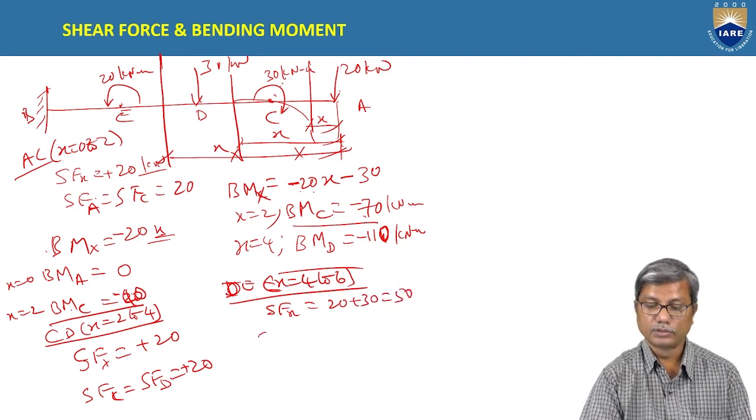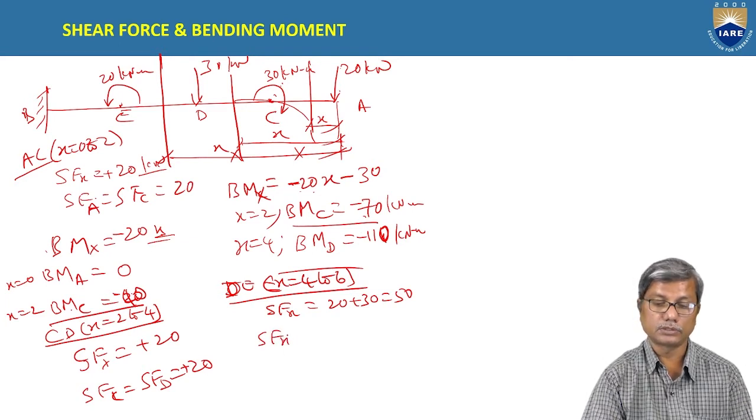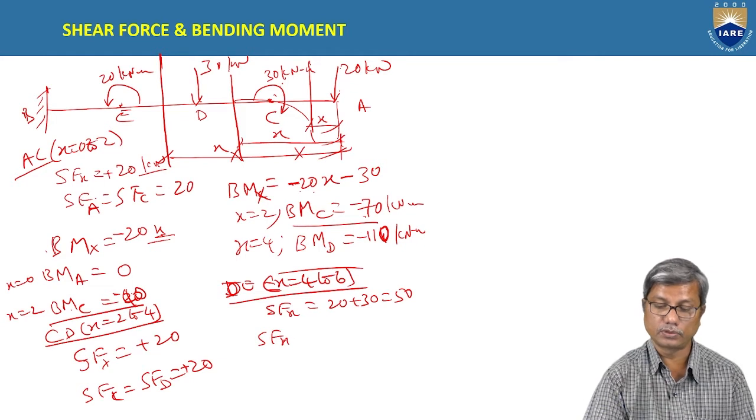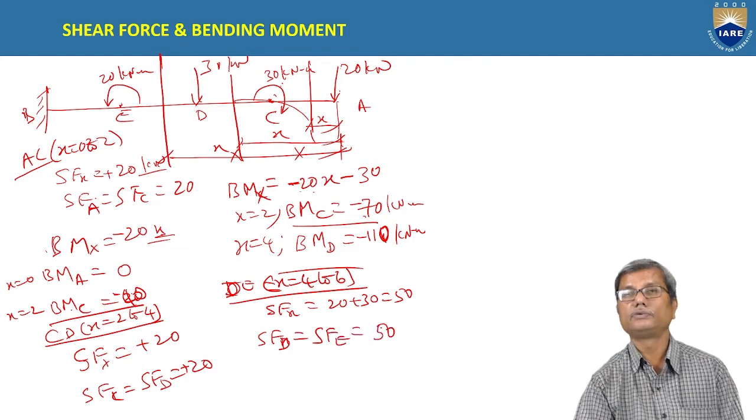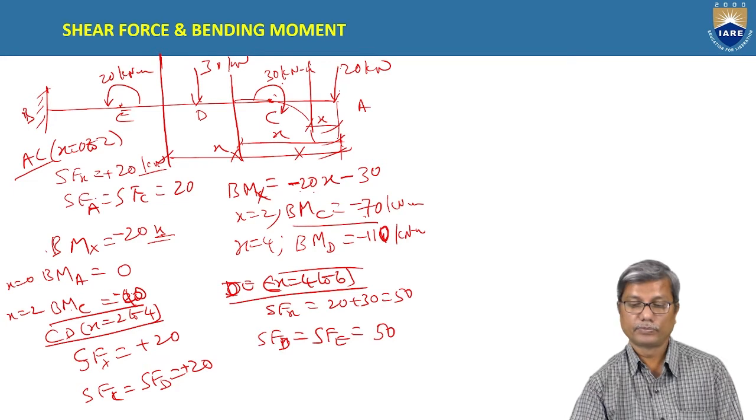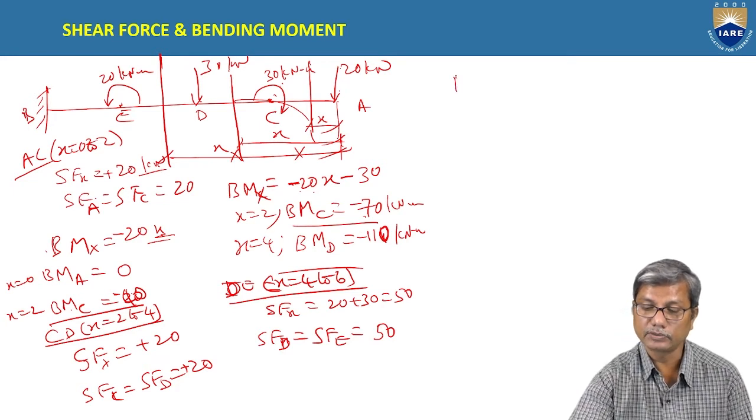Shear force at X equal to 4, that is shear force at D, and shear force at E will be the same, 50. We consider the bending moment equation in portion DE.